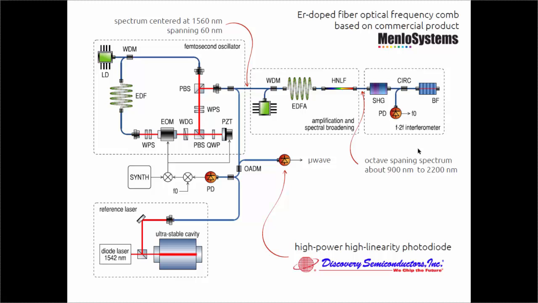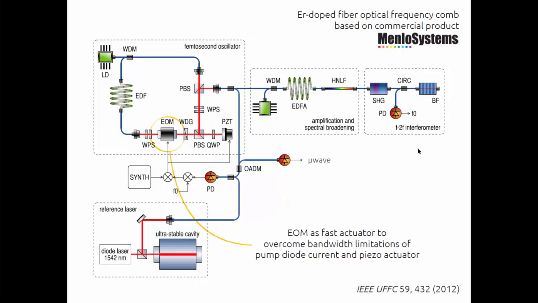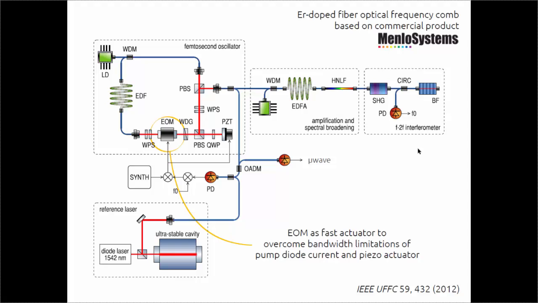We have octave spanning after broadening. The important thing to highlight here is that we have an intra-cavity electro-optic modulator that allows fast actuation on the repetition rate of the comb and then tight locking of the comb to our optical reference.